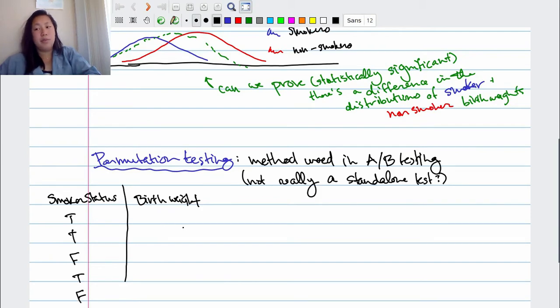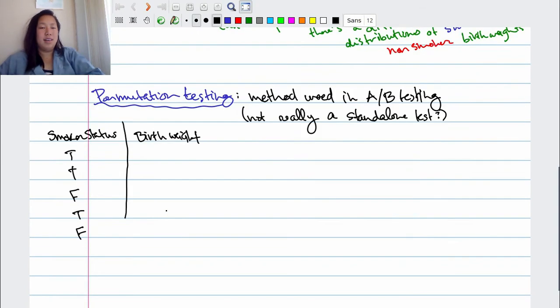And then birth weight would be something like 120, 110, 95, 98, 105.